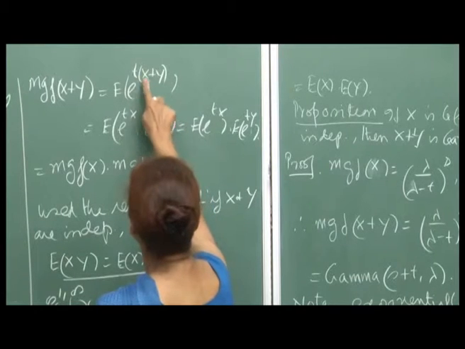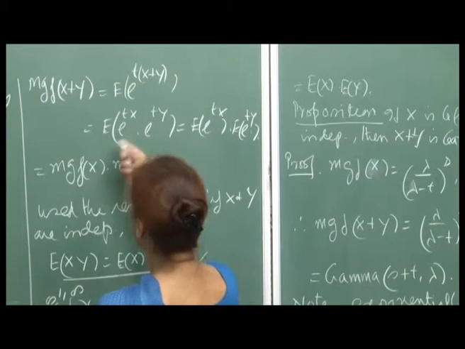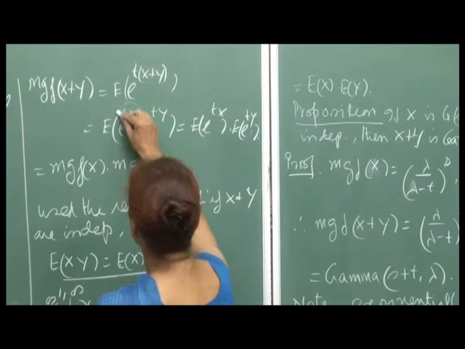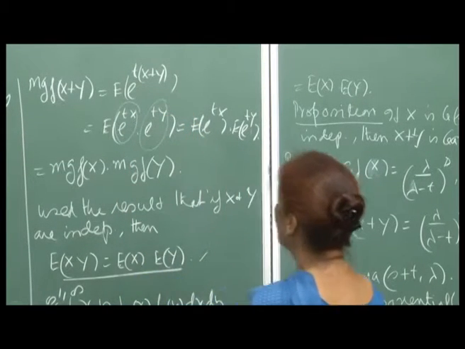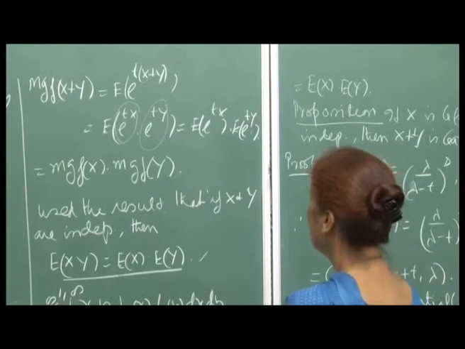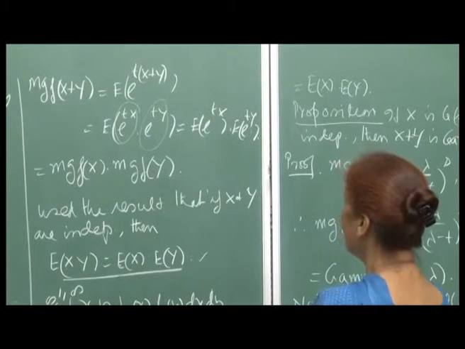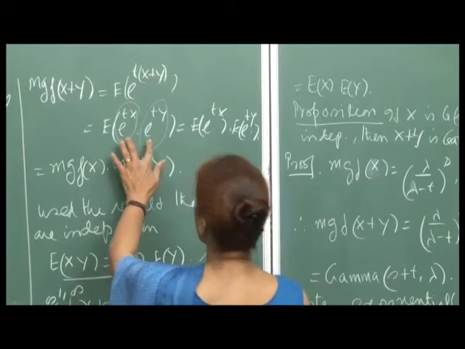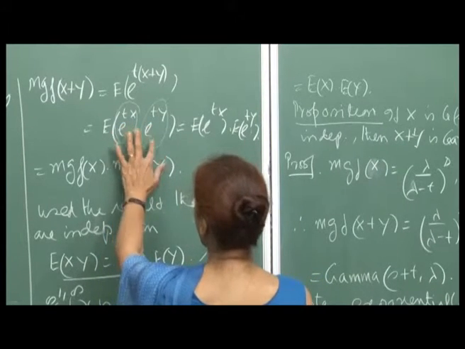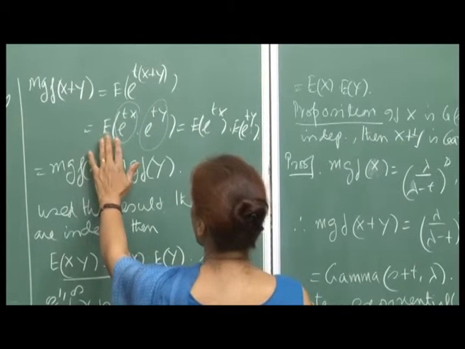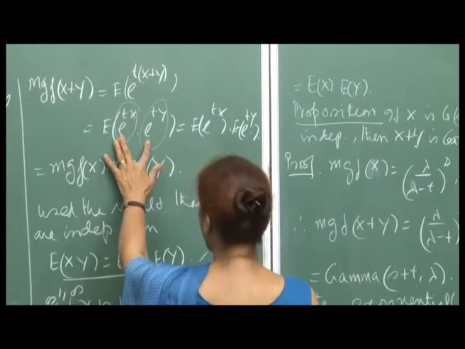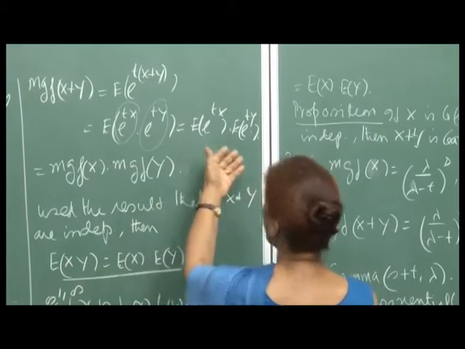You might say, why are these independent? That can also be shown, that if two random variables are independent, then their functions are also independent, of course, under certain conditions, so e raised to t x and e raised to t y are also independent random variables. So, when I write expectation of the product, that will be the product of the expectations.